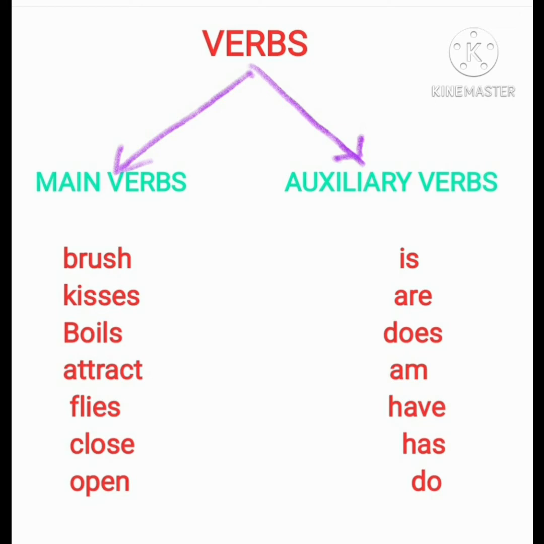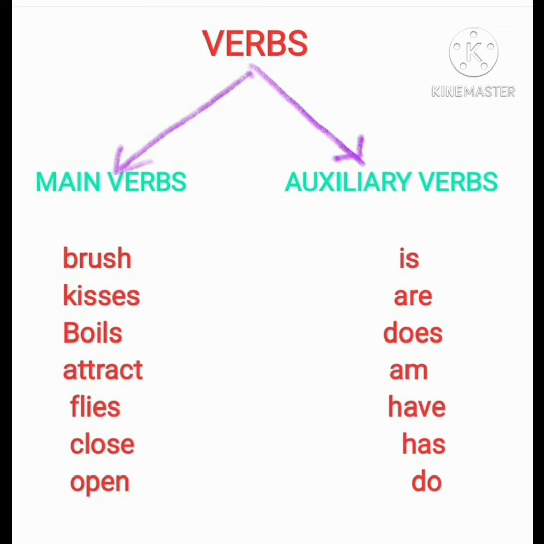Verbs like brush, attract, close, and open are in their simplest form, while the others have the letter S at the end. When a verb is expressed in its simplest form, it is said to be in the root form. But when a verb ends with S, it is said to be in the S form.